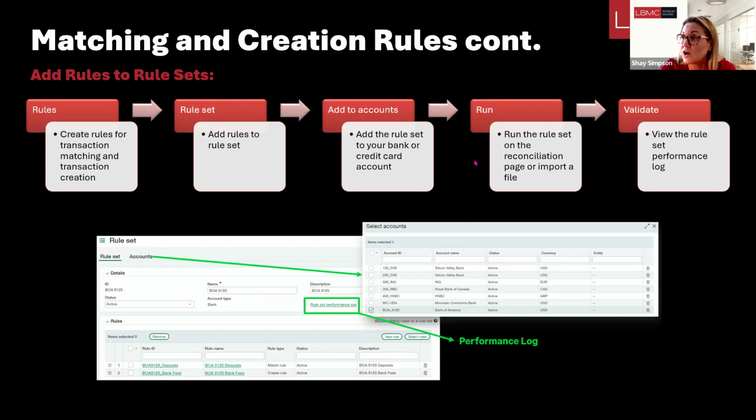And you can always view the rule set performance log. Right here on the rule set is the performance log, and that is going to show us if those rules and those rule sets are working as expected. A lot of folks are not necessarily aware that there is a performance log within the rule set that they can go in and review.